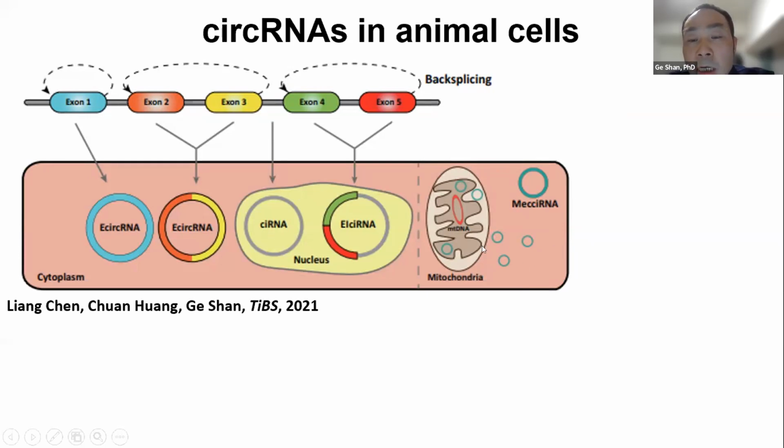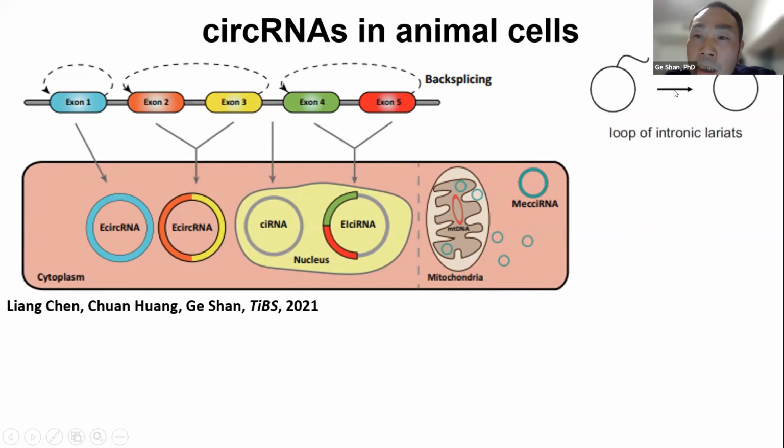And recently, circRNA encoded by the mitochondrial DNA was also found, which is called mecciRNAs.